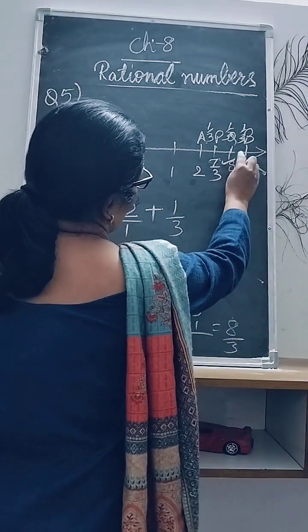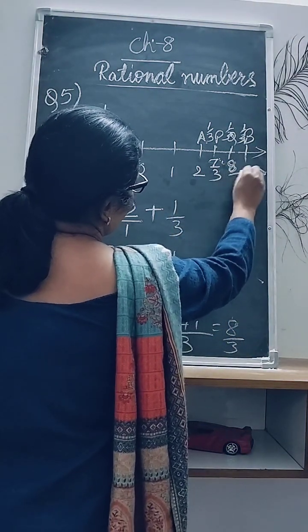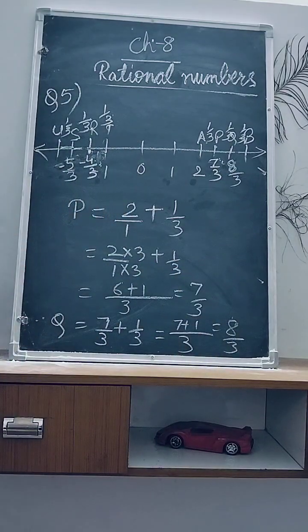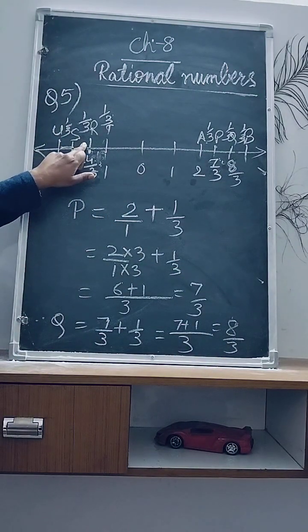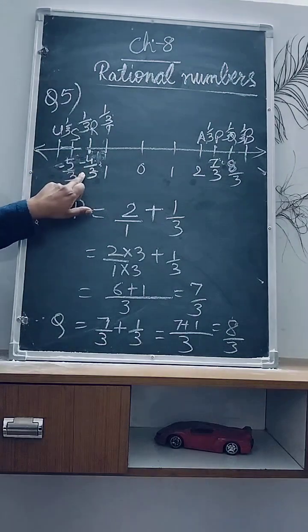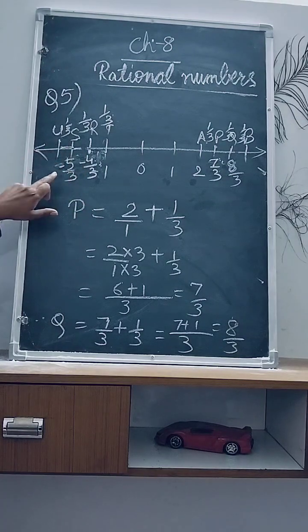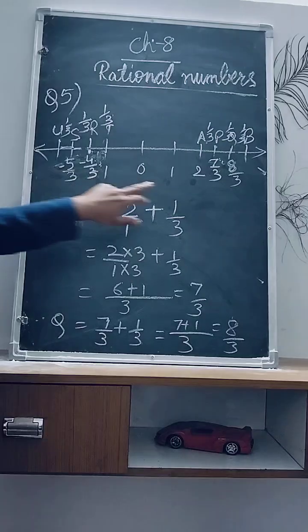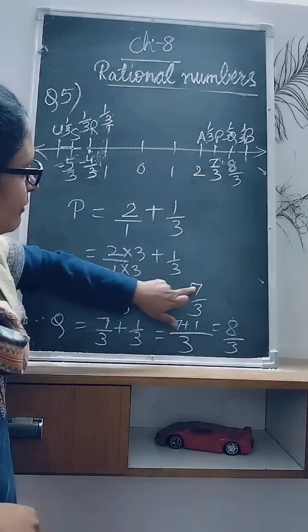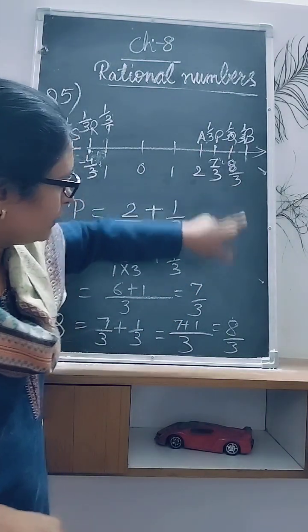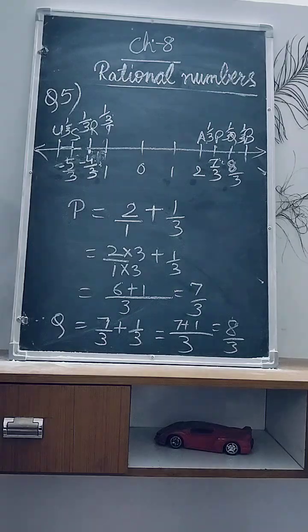So here we got 8 by 3. Okay students, in this way we found all the rational numbers. The R value comes out to be -4 by 3 and the S value comes out to be -5 by 3. The P value we found is 7 by 3 and the Q value we found is 8 by 3. Okay, so this way you can solve this sum.